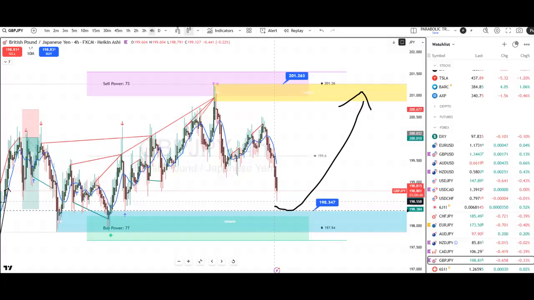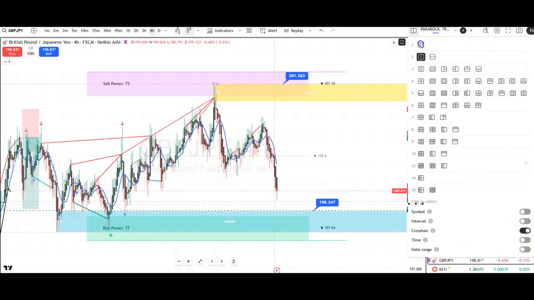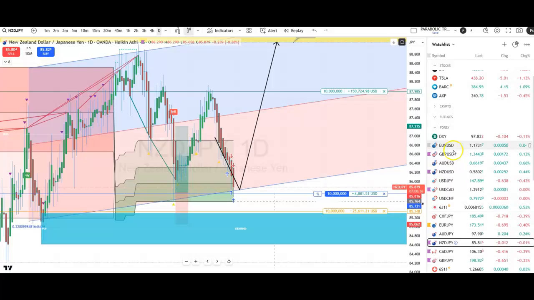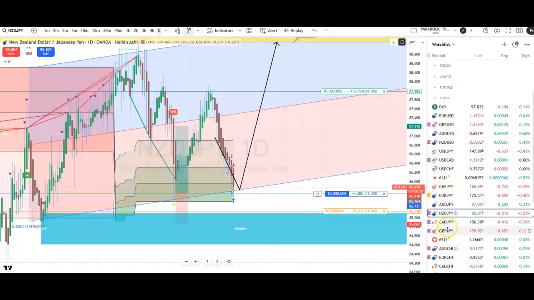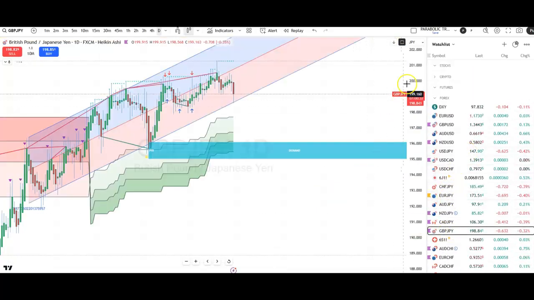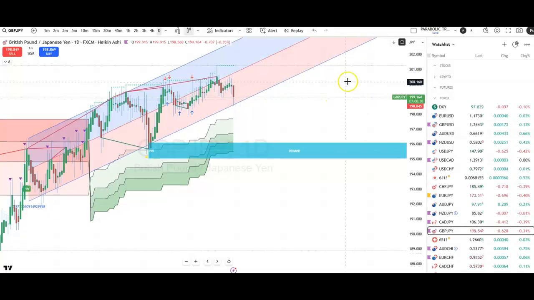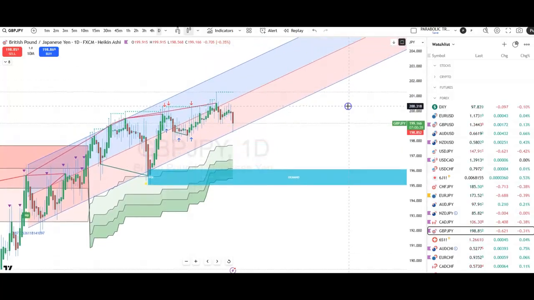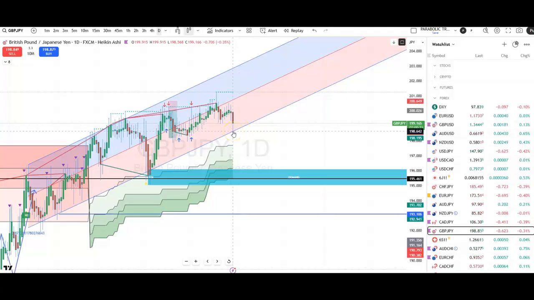Let's have a look at the daily just to see where it's at. Yeah, okay. So what we can see, it's not a deep correction, but it is sitting right on that strong support line. So that's highly significant. So we're probably going to see that happen now.